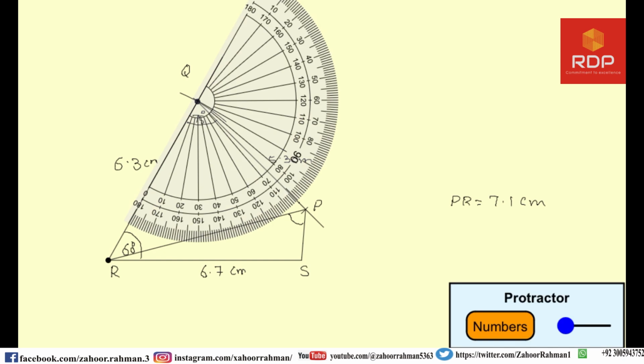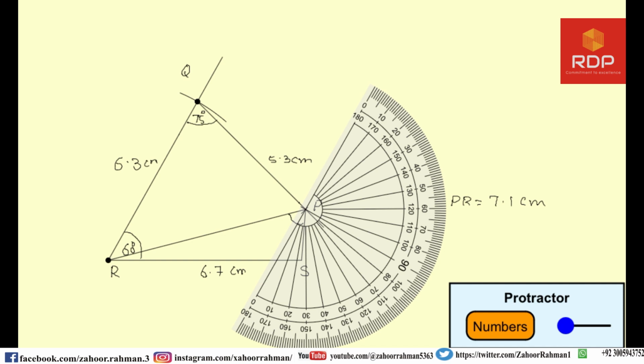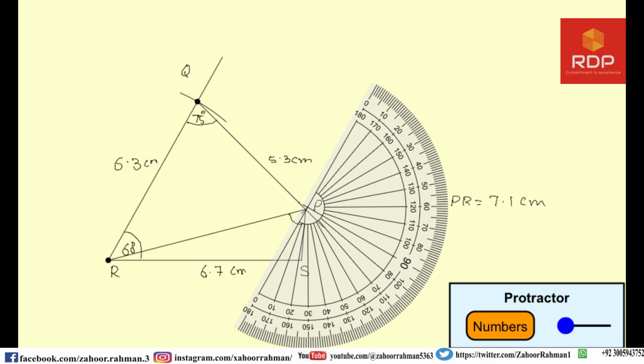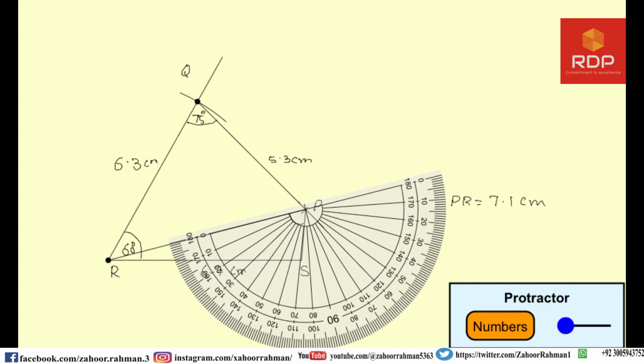For that I need the protractor and bring it at this point, and because we are finding RPS, I have to bring this line here, and then I have to measure this line from that position, and that is almost equal with me 70 degree.